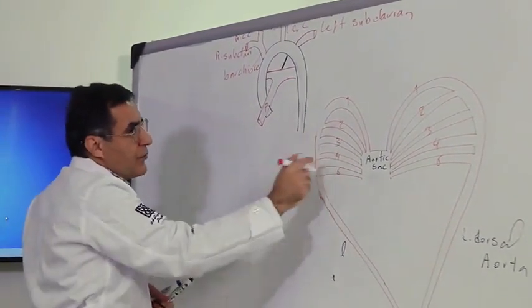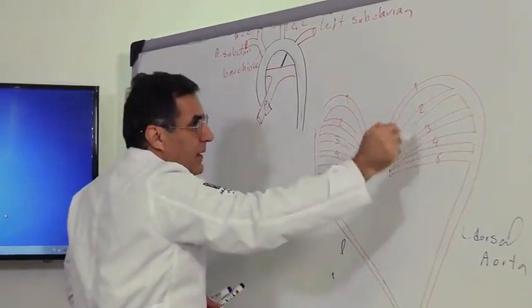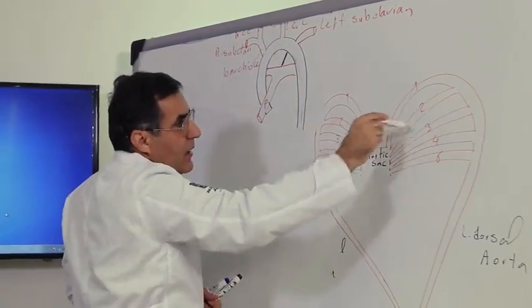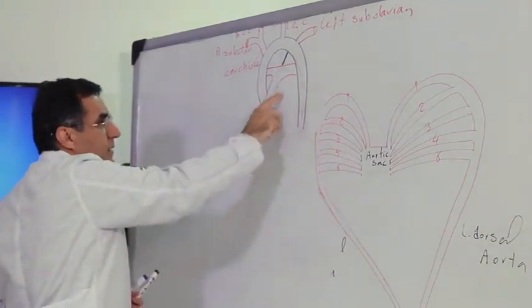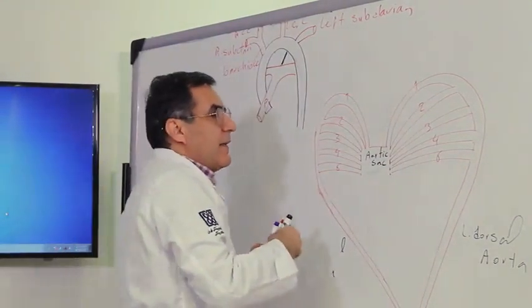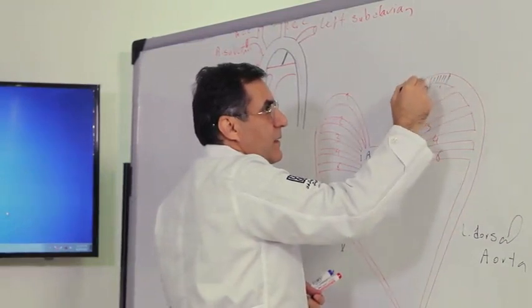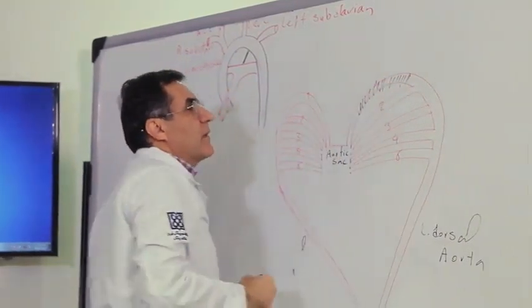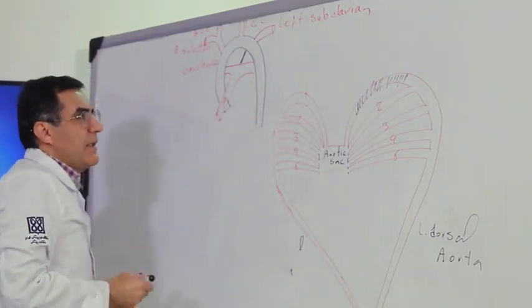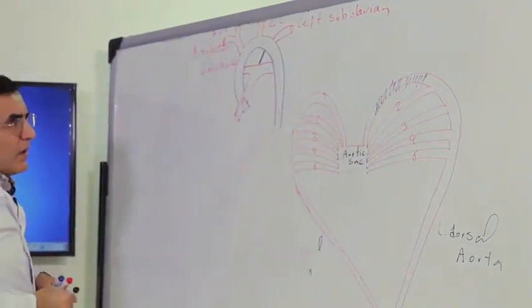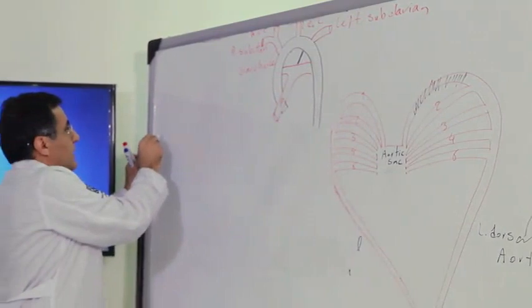Okay, now I want to change this aortic arch map to these pictures. Here the first arch: most of the first arch degenerates and makes a small part of the maxillary artery.